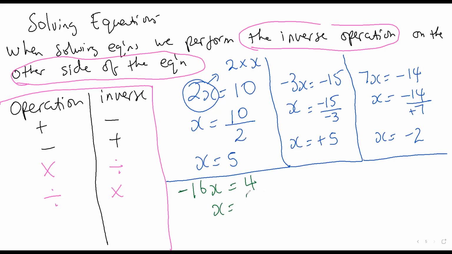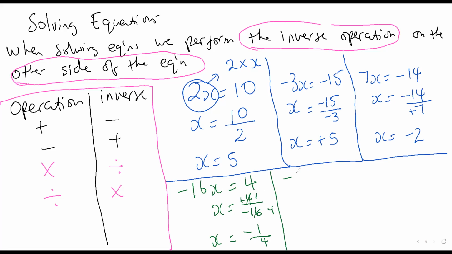So we say x is equal to 4 divided by minus 16, right? But we know 4 is positive. So positive divided by negative is negative. 4 into 16 is 4, so negative 1 over 4 is the answer here. Follow that one, right? Nice.